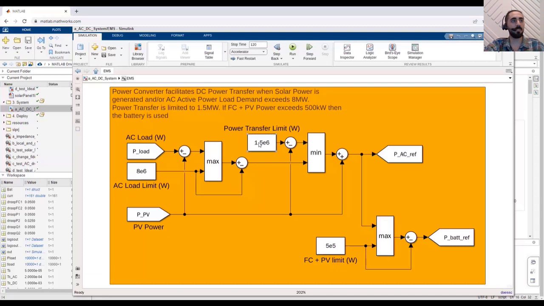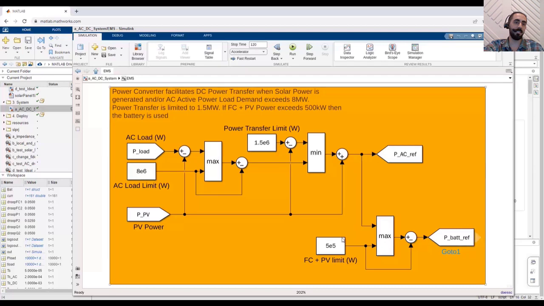The power transfer limit across the AC to DC is 1.5 megawatts, and the combined power for the fuel cell and PV has a limit of 500 kilowatts. If that hits 500 kilowatts, we start using the battery. That's basically what these numbers mean.